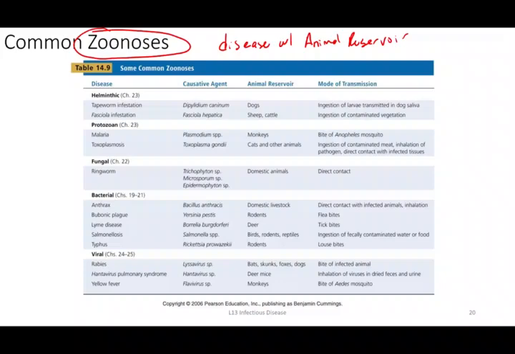And then, which types of microbes can actually be zoonotic diseases? If you look, we basically are checking all these different categories. There are different helminths, those parasitic worms like tapeworms and flukes, the protozoans, different fungi, different bacteria, different viruses. So every category of microbe has some examples of zoonotic diseases. So the answer to this is all categories.